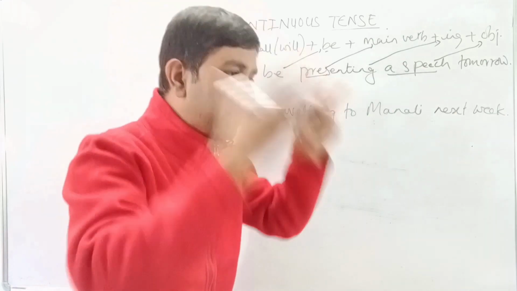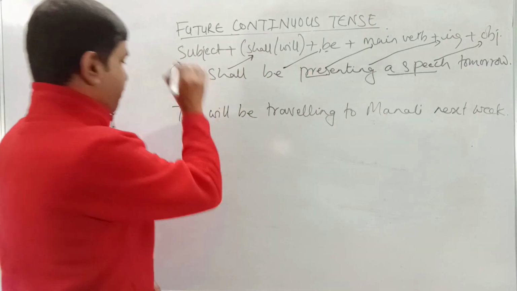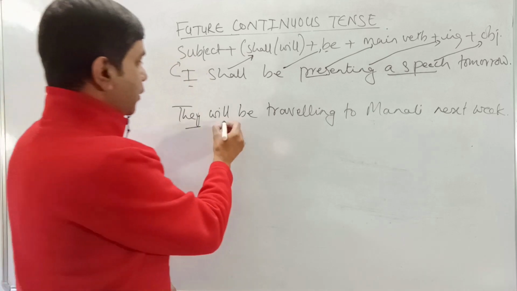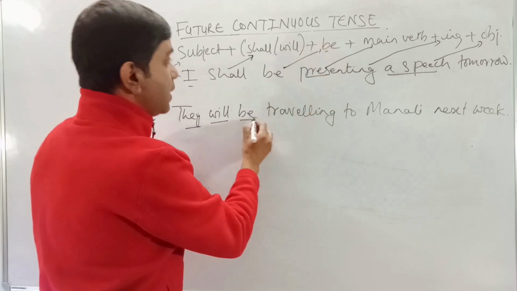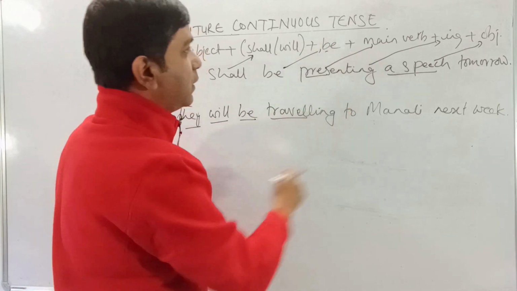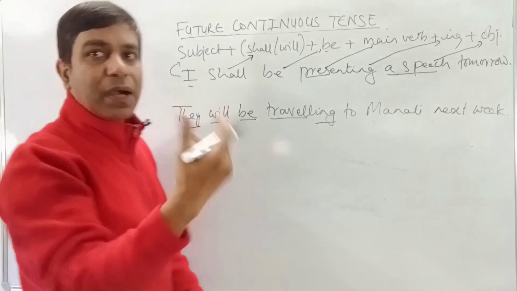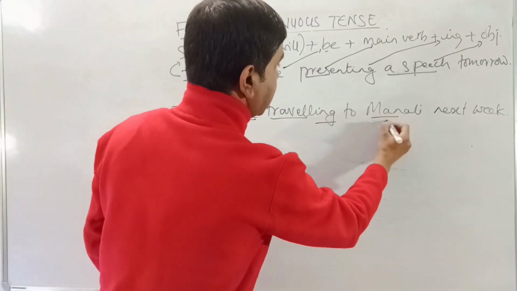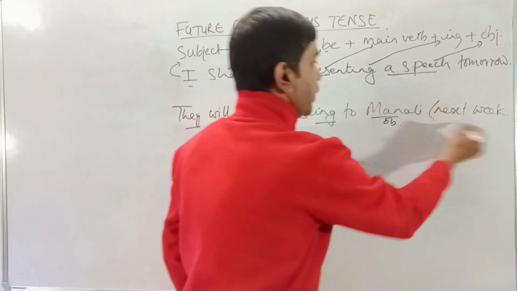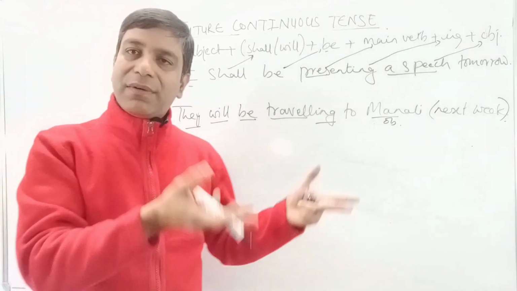They will be doing it in future time. So they is the subject, will is the auxiliary verb, plus be plus main verb travel plus ing, to which place? Object. Where are they traveling, or where will they be traveling? They will be traveling to Manali is the object, and next week is the extra information given here. This also represents future time.